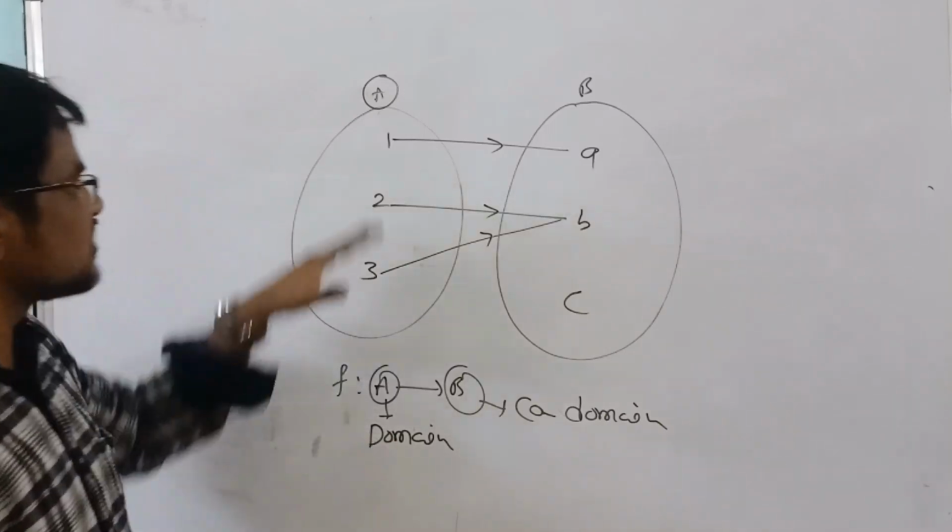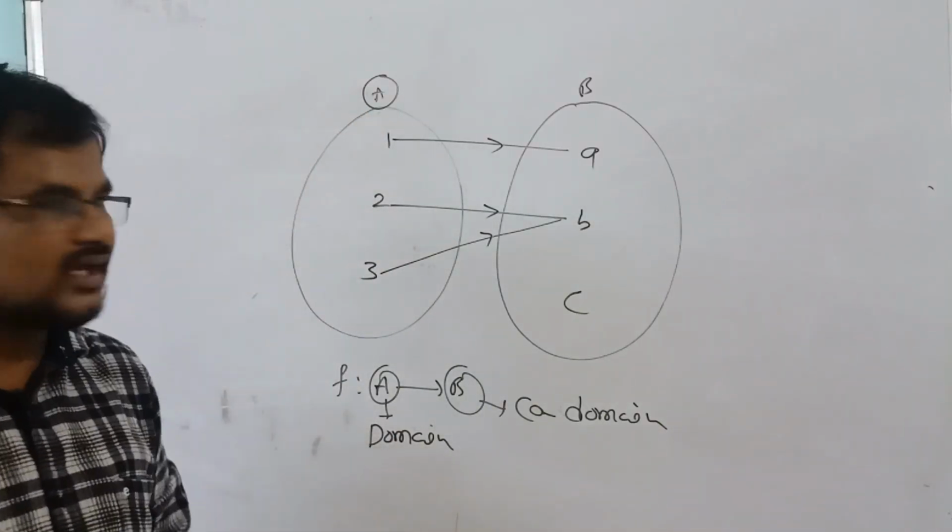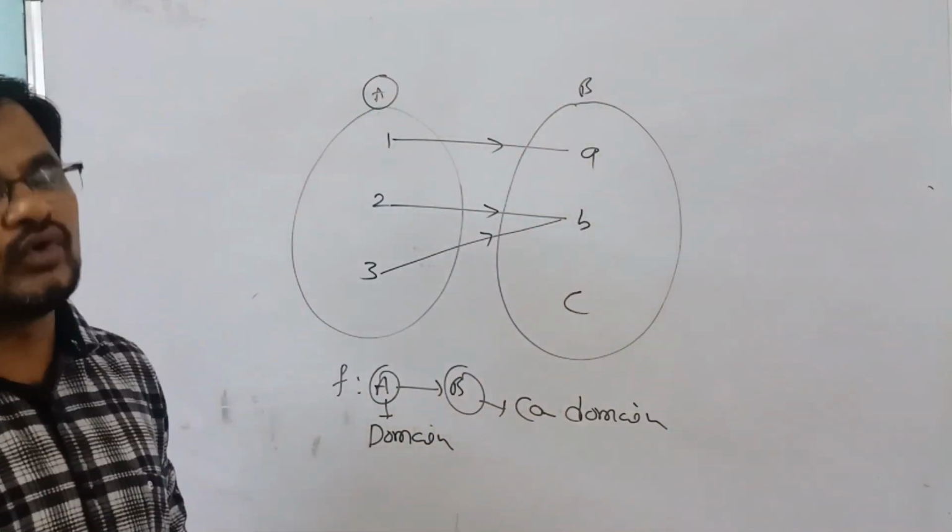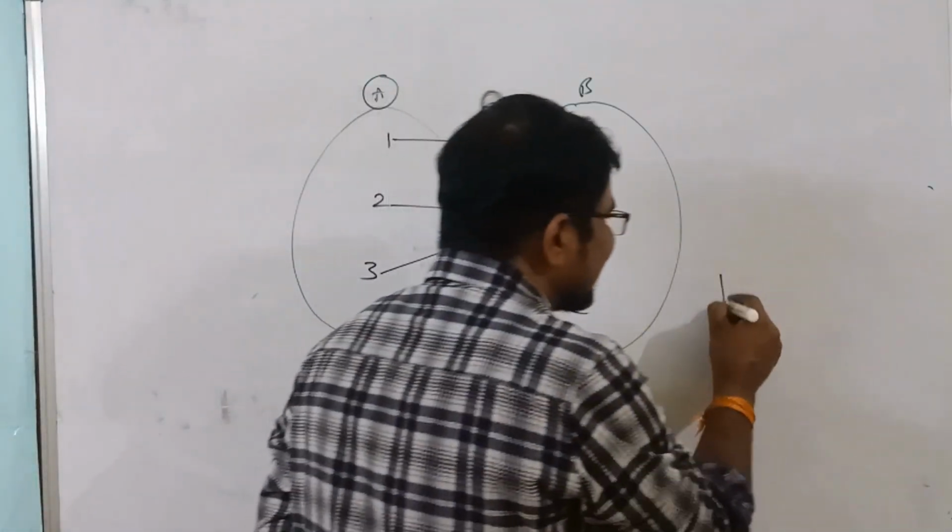So all the elements of set A are called the domain of the function, set B is called what? Codomain of the function. Now what about the range?